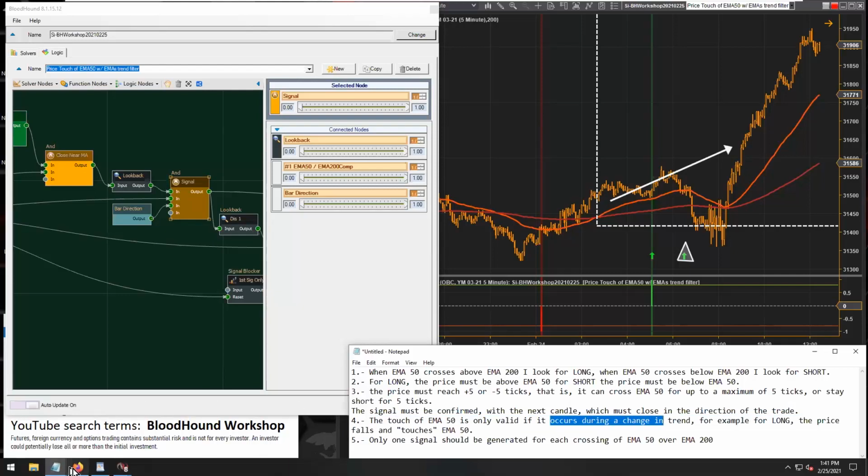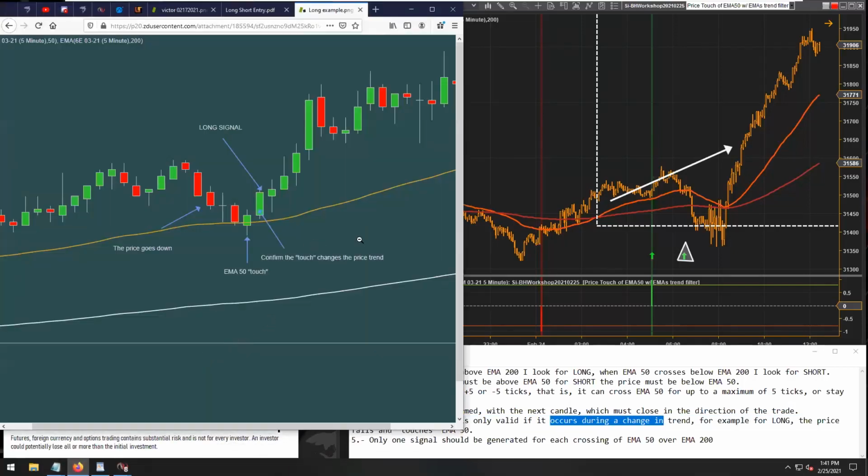So if we look at the screenshot here to clarify, this price pulling back here, basically this whole price action before the actual touch, that needs clarification in order to generate clean bounce signals.